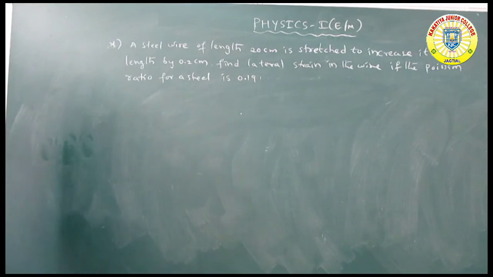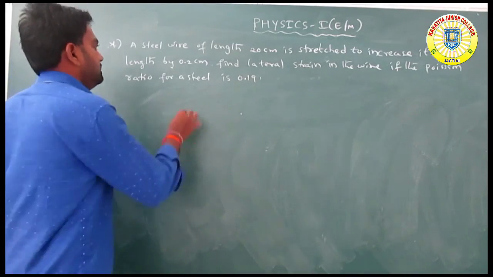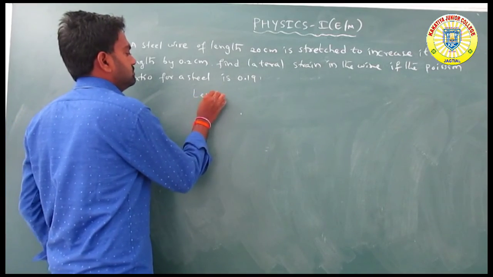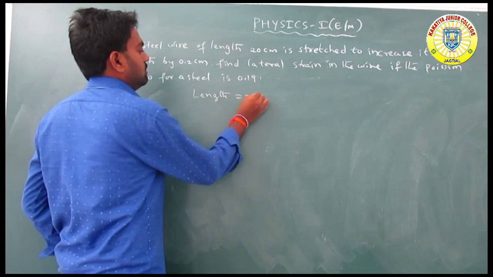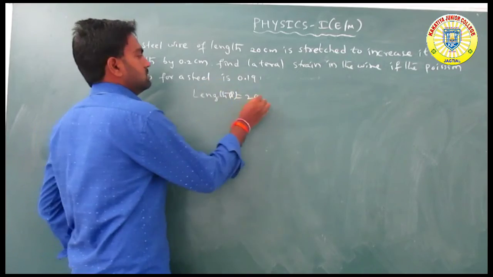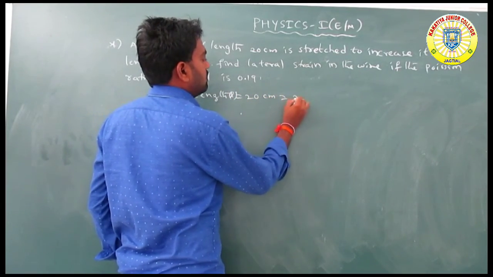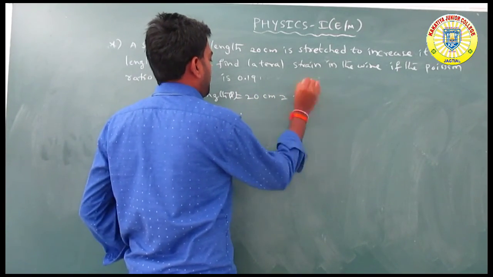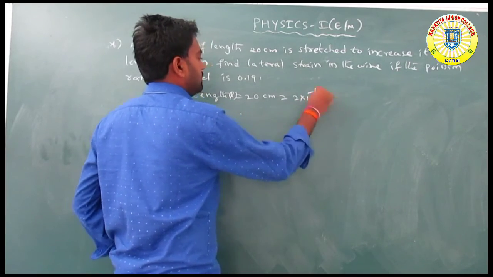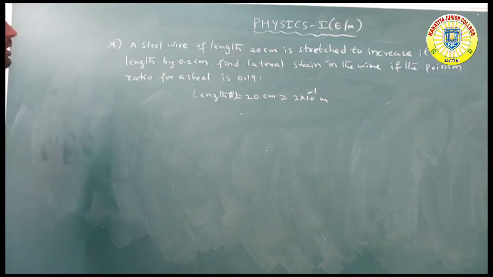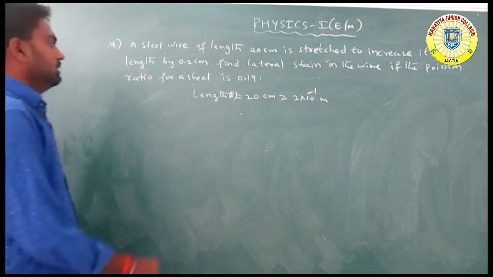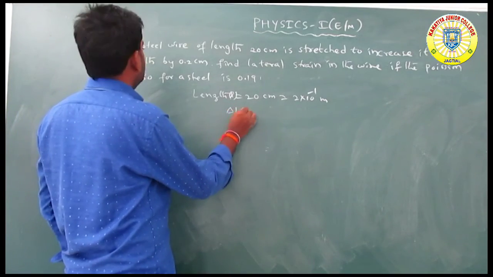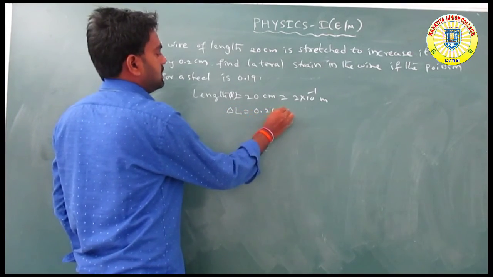So now given that information, the length is taken as 20 centimeters. Length 20 centimeters is equal to 2 into 10 to the power of 2 into 10 to the power of minus 1 meters, we can write. And also the increase in length, that means delta L is equal to 0.2 centimeters.